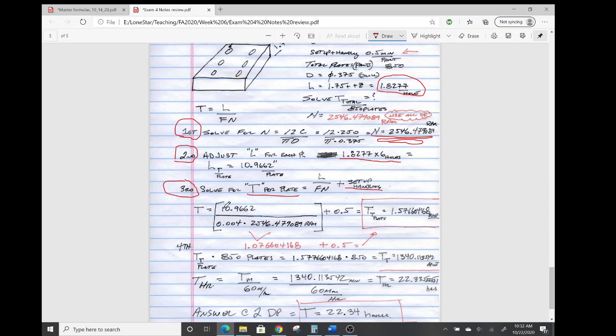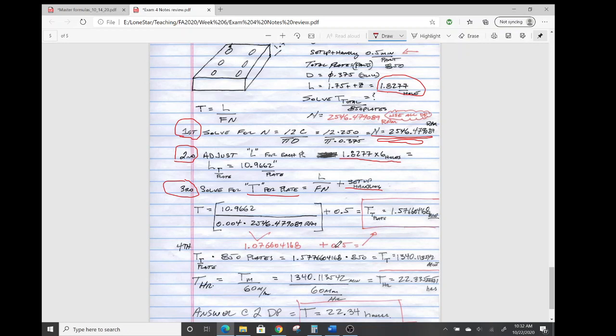So T is 10.9662 divided by 0.004 times our RPM. What was our RPM? Here's our RPM up here. So multiply that times that, and we get this divided by that. Okay, so multiply this times this, divide it into 10, and you end up with this.